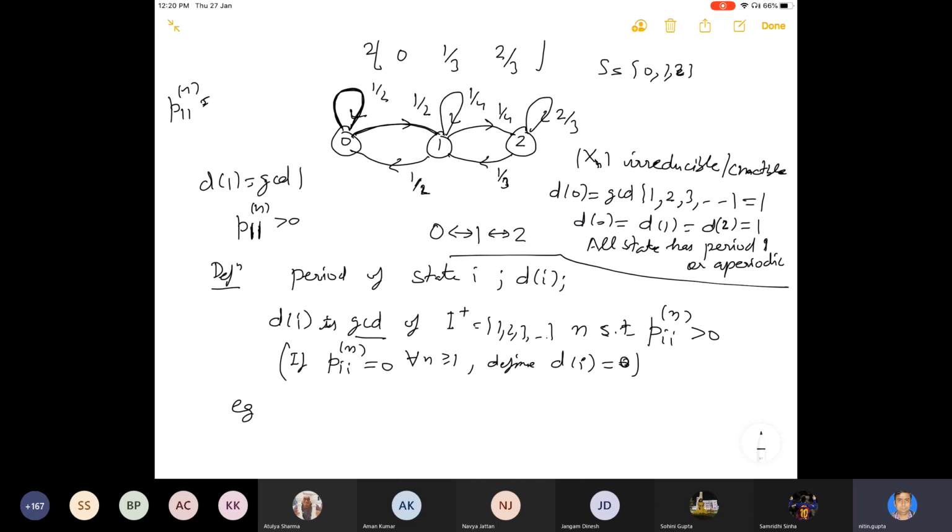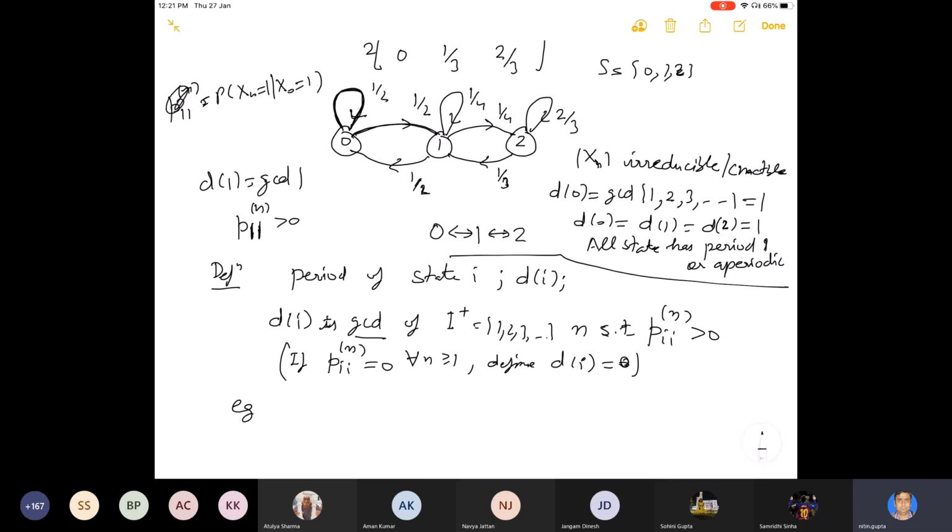It is the probability that Xn is 1 given X0 is 1, in n steps. That means in n steps, this should be positive.